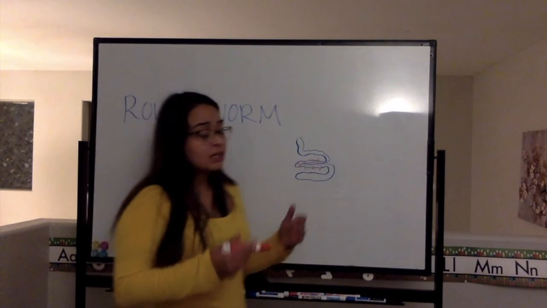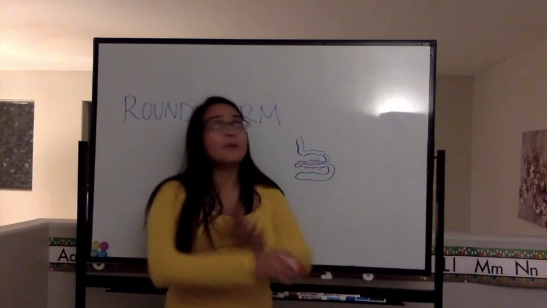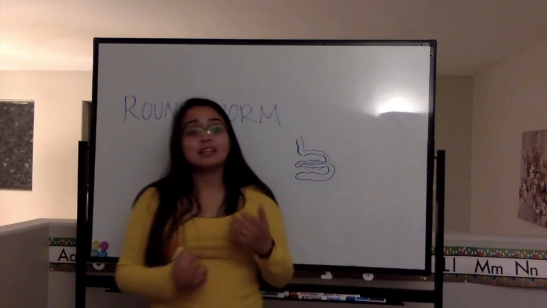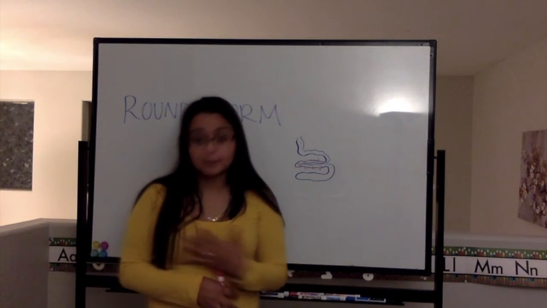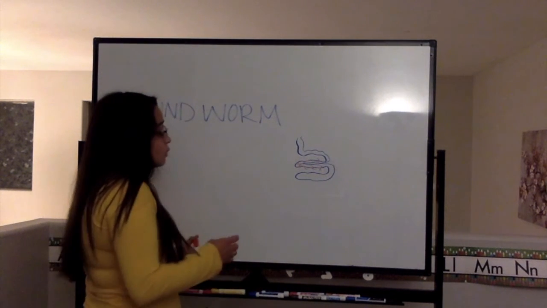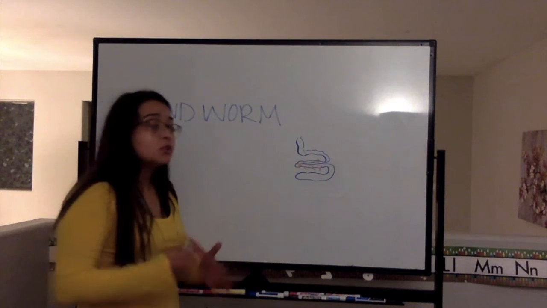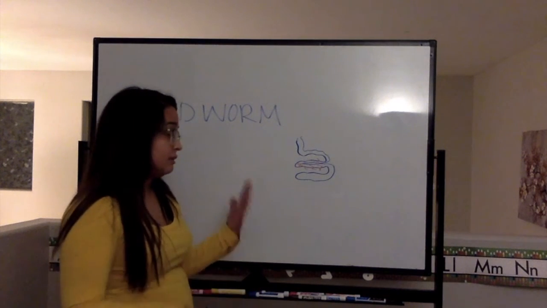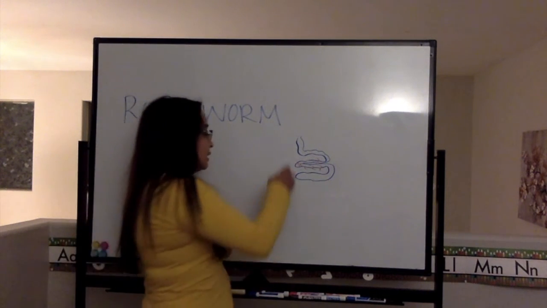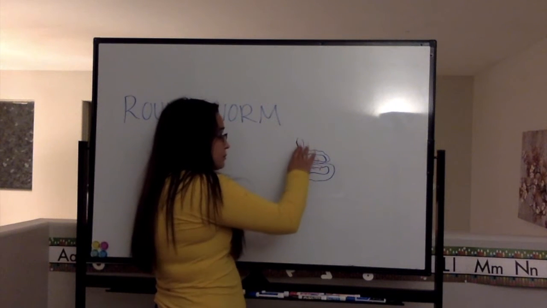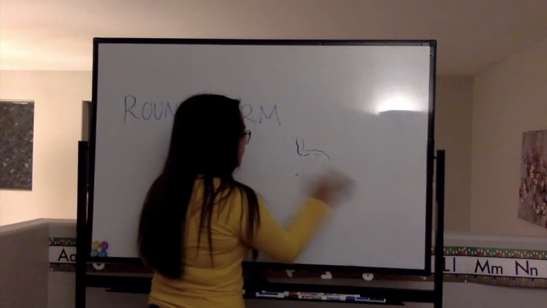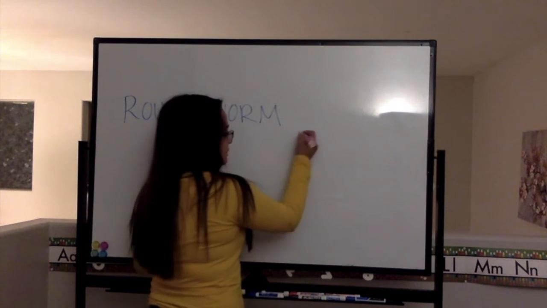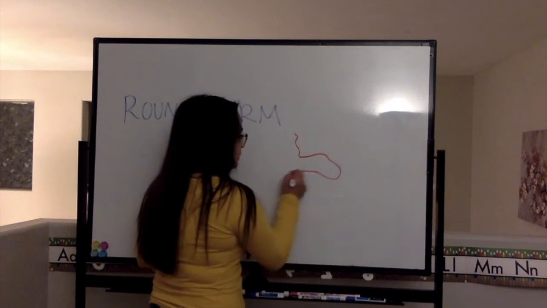And eventually, one way or another, these eggs will find a new host. Okay? Now, once they find their way into a new host, and let's say we have a new intestine of a different host.